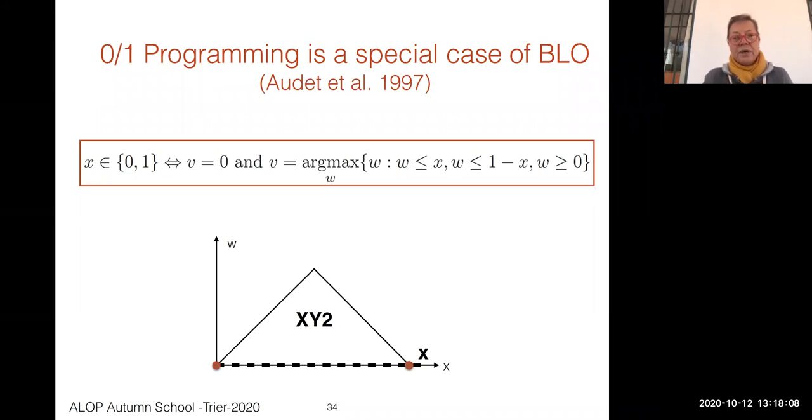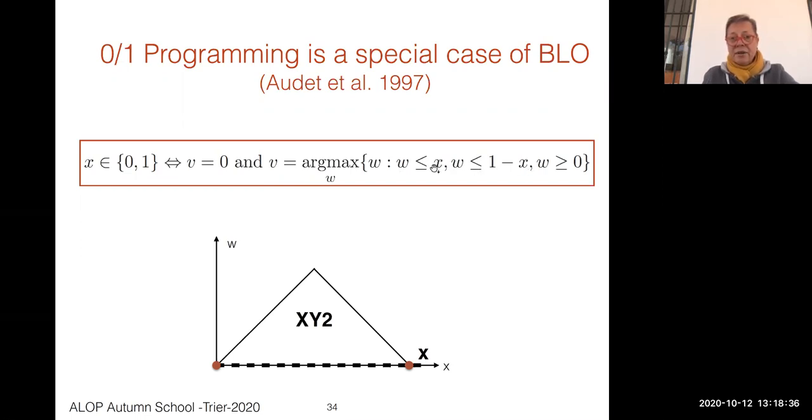In the following way: in the first level, you have the constraint saying that W must be equal to 0. And also you have the constraint saying that W is the optimal value of this very simple linear problem. So this is your second level problem, okay?